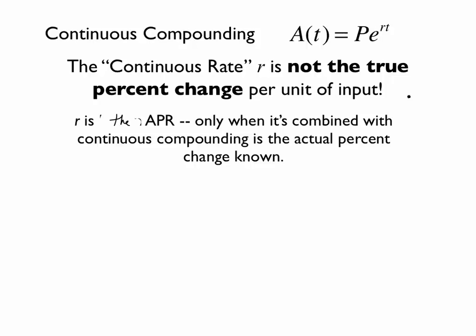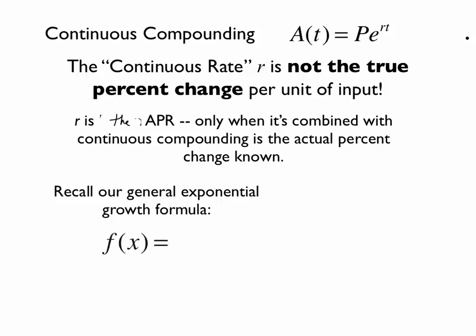So now the transition is that all these other applications of exponential growth, like populations and the way things decay or grow, we can now see through this lens of continuous compounding or continuous rate. Okay? So let's see how we do that.